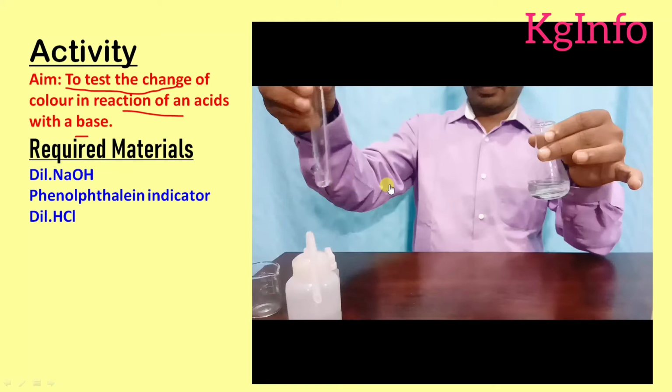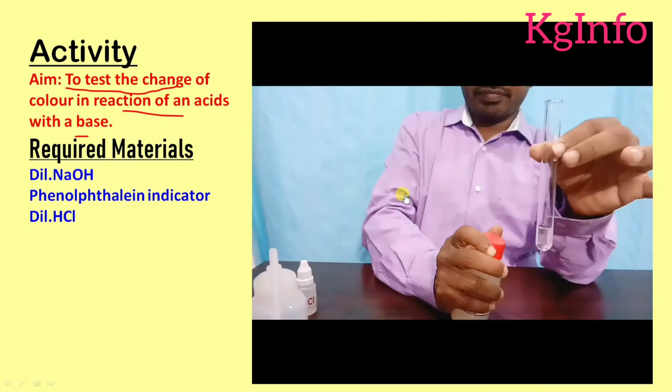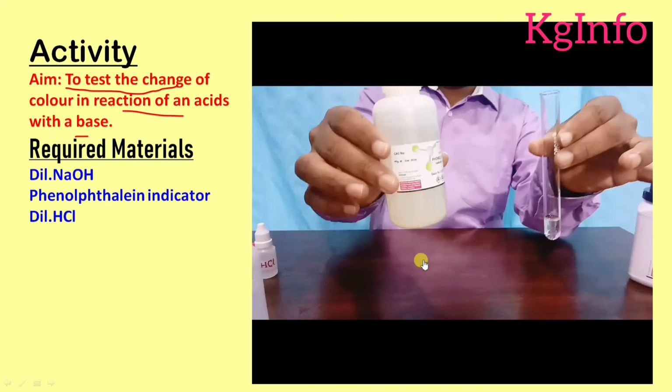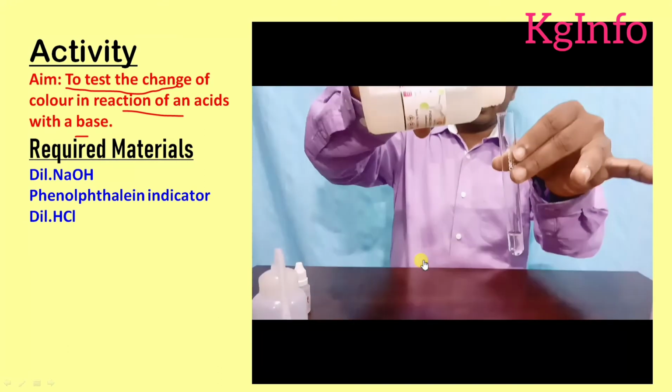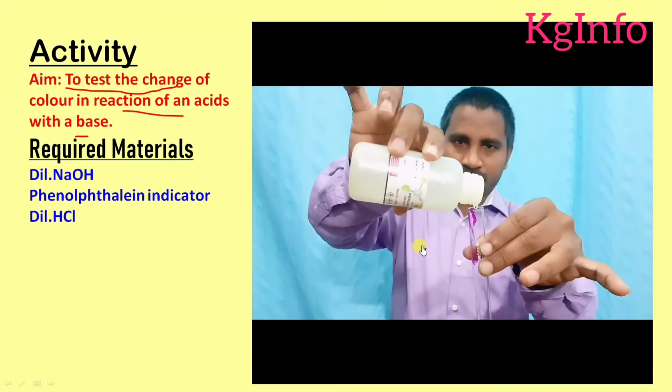Then add phenolphthalein indicator, drop by drop. What do we observe, children?